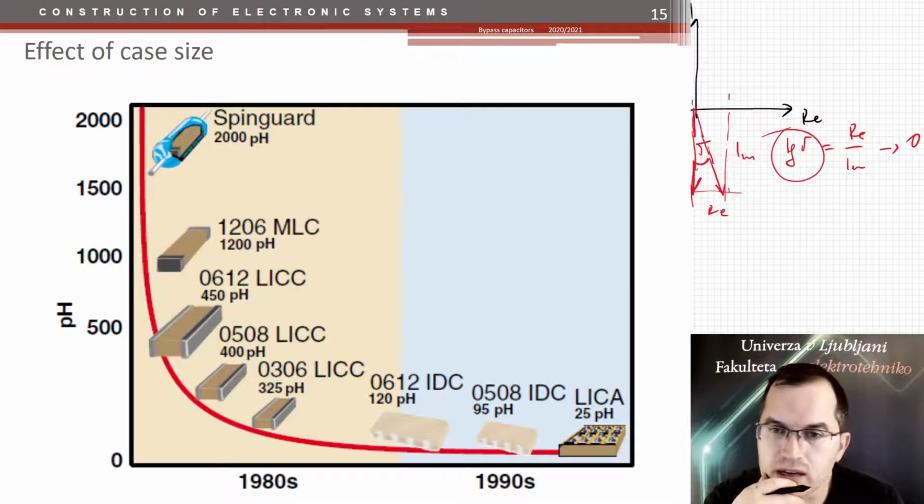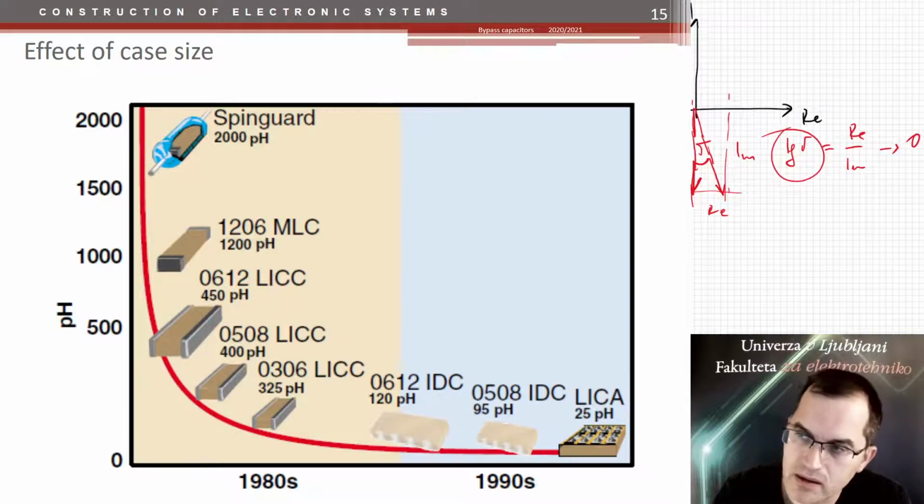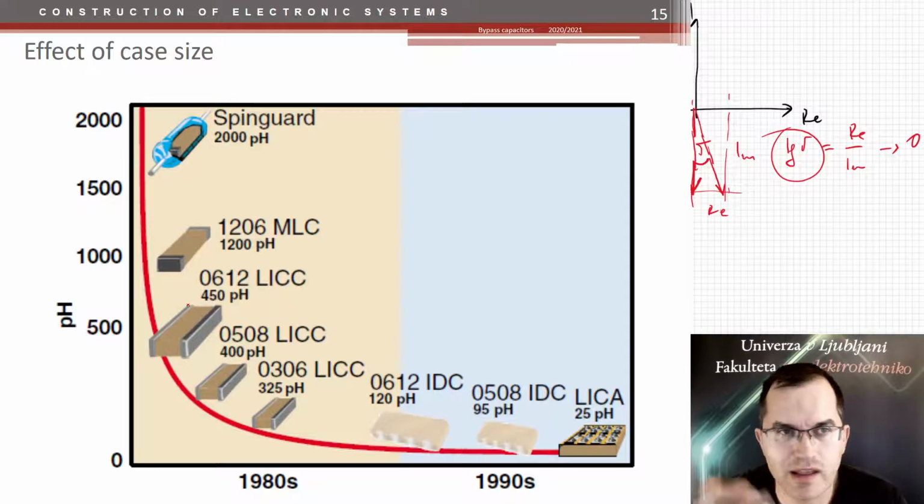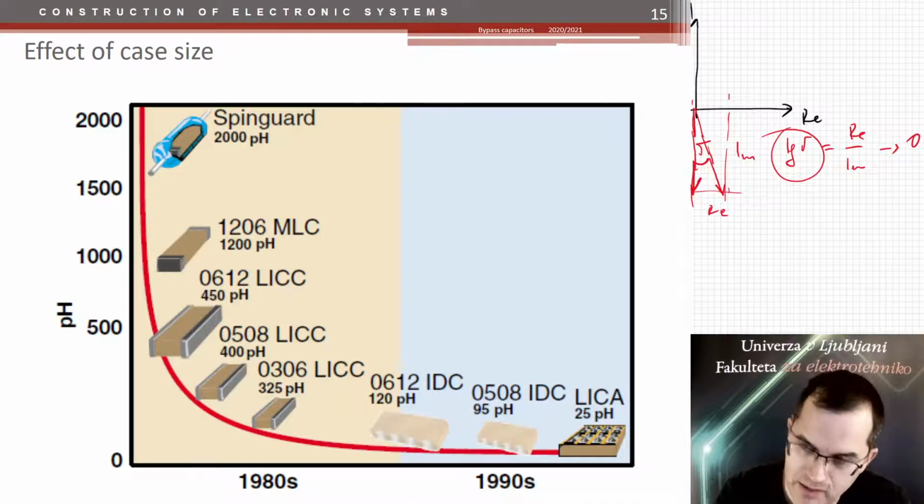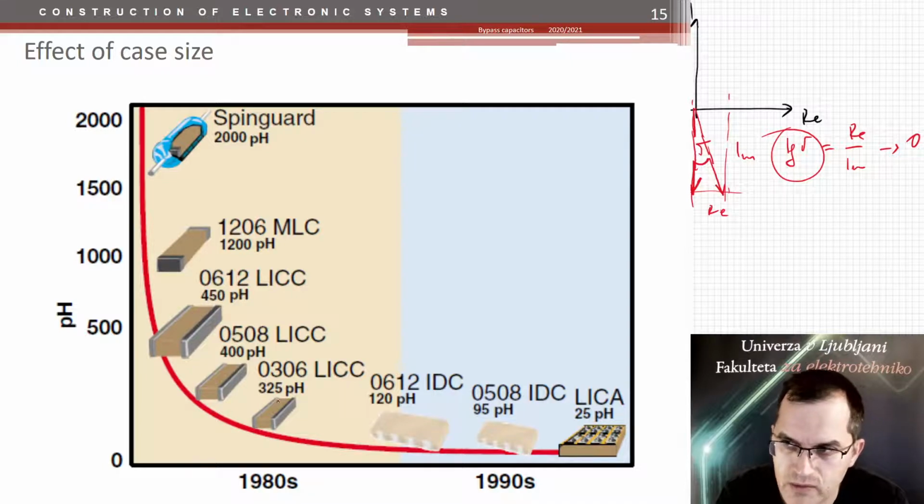Effect of case size. Well, the shorter the capacitor, the better, the lower the inductance. Maybe there are some cases you see here. These are the classical shape, longer and narrower, but you can have the so-called landscape version when the capacitor is short and very wide, like that one, or even that one.